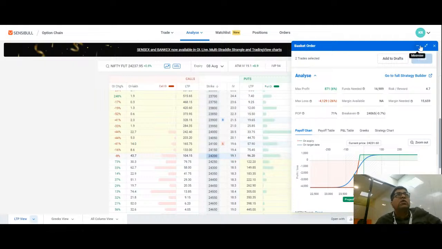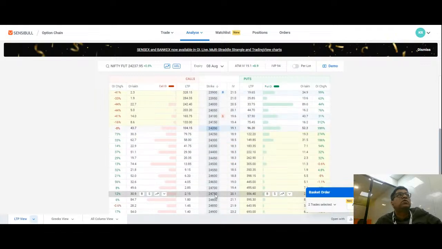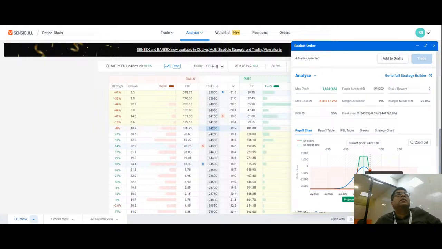But I also want to add the other strategy, where I'm thinking the market is not going to go above 24,600. So I just take 100 points less than this. I buy 24,450 and I sell 24,350. With that, I'm getting a nice little range.